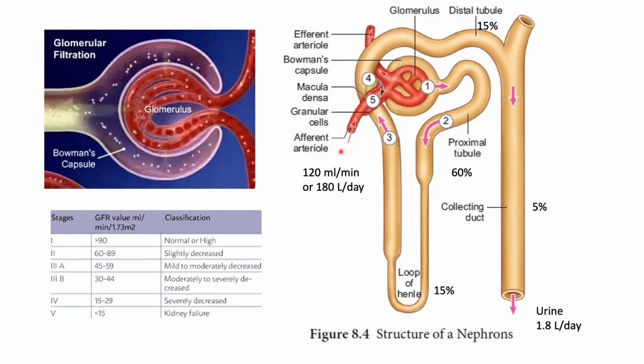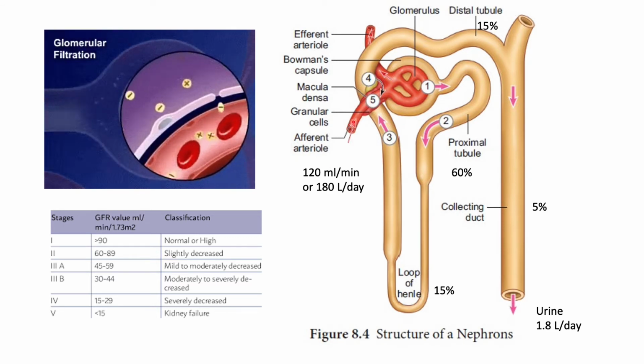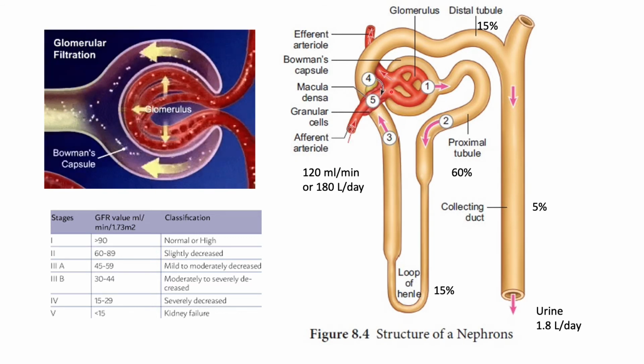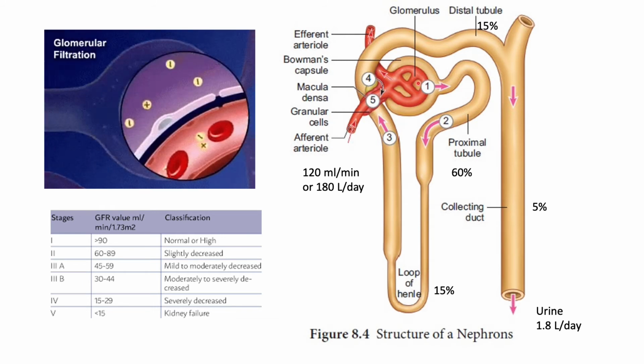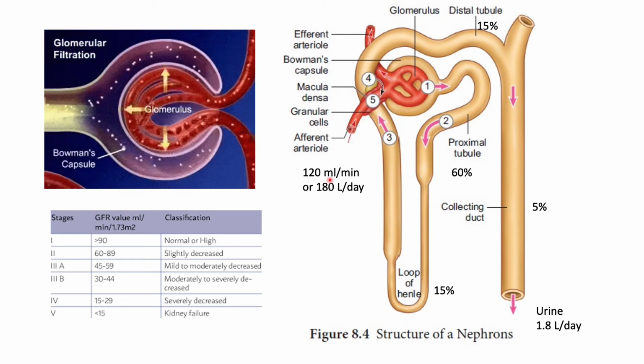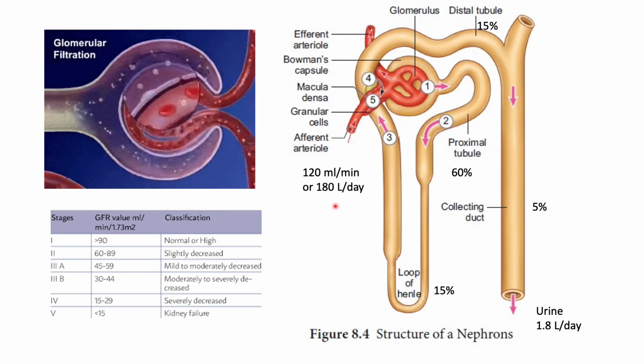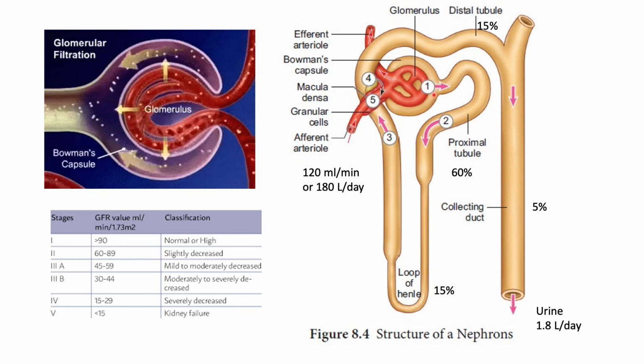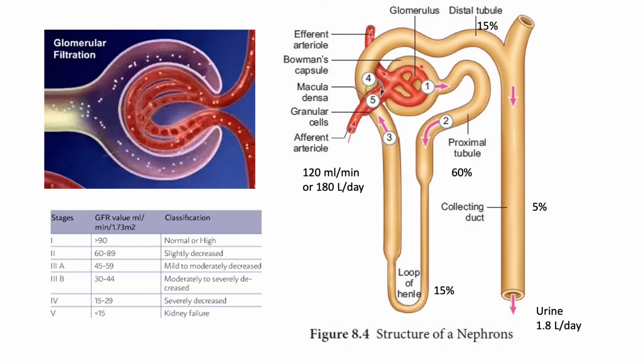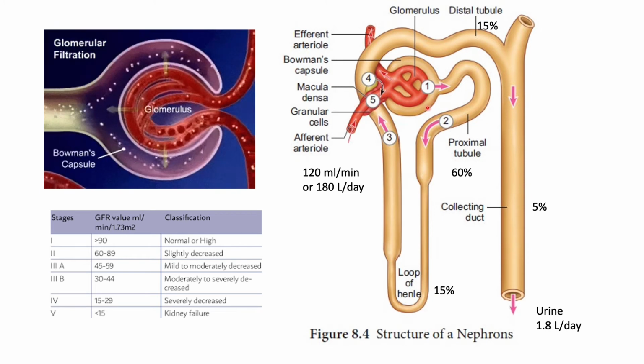So from 600 milliliters of blood or plasma that will pass through the glomerulus, only around 120 ml per minute or 180 liters per day will be filtered, and it will go to the Bowman's capsule.